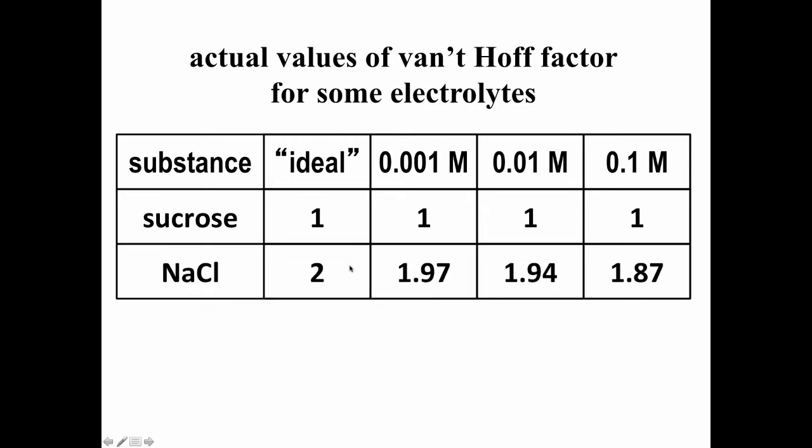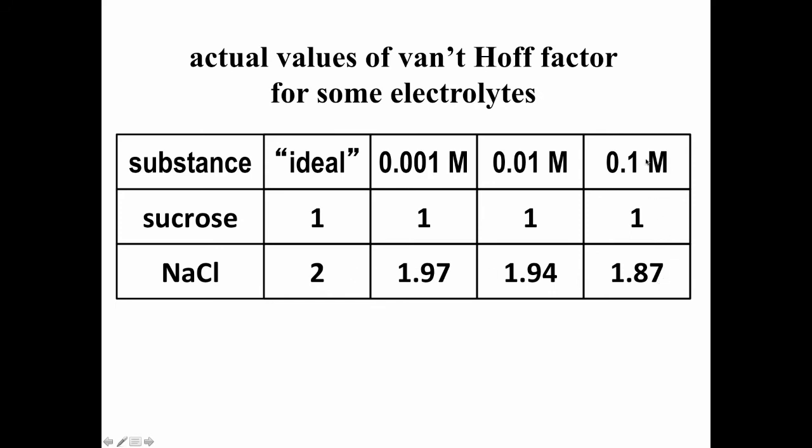But for sodium chloride, which we've been saying has an i of 2, that's ideally it's 2, and it's true for very dilute solutions. But as the solution concentration goes up, the Van't Hoff factor deviates more and more from its ideal. It gets less and less close to 2, and in fact it becomes a smaller number.